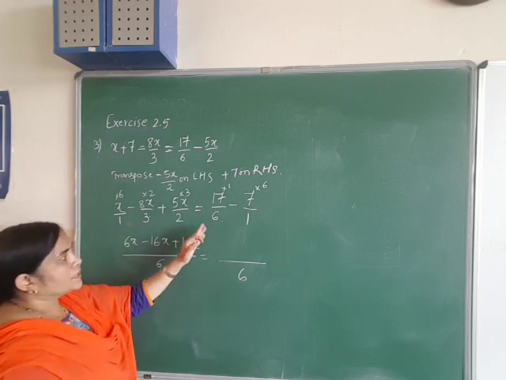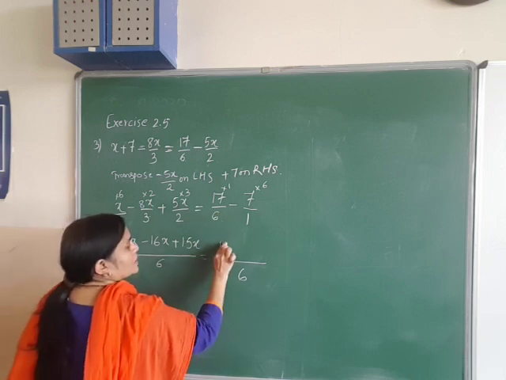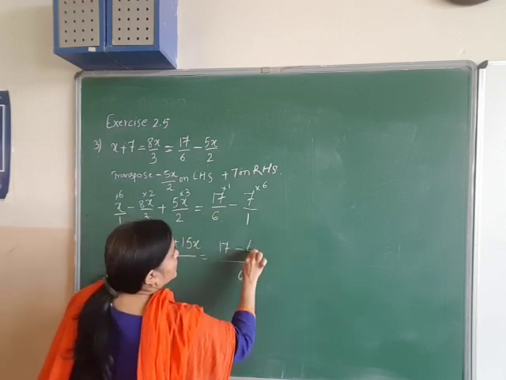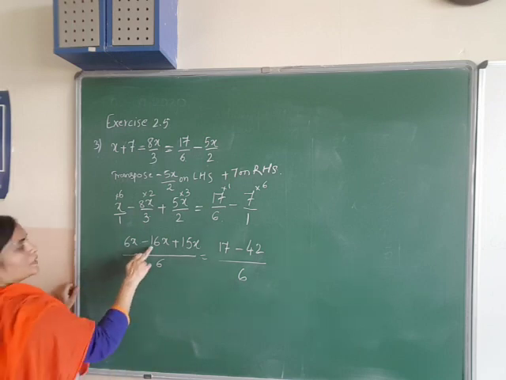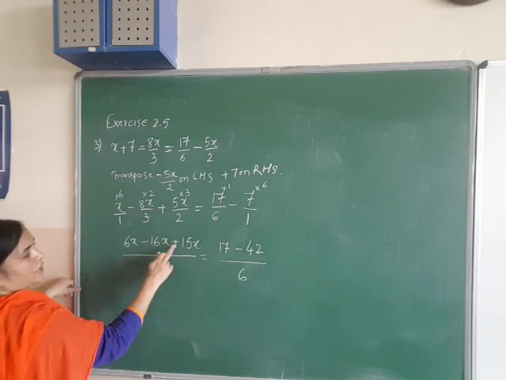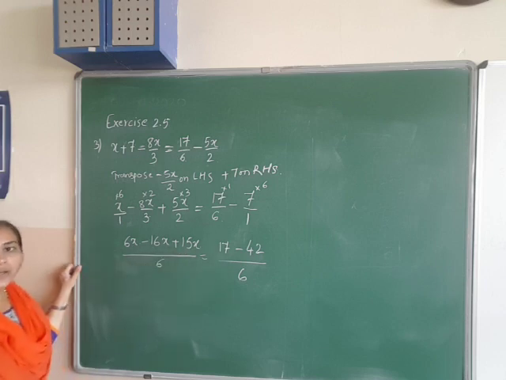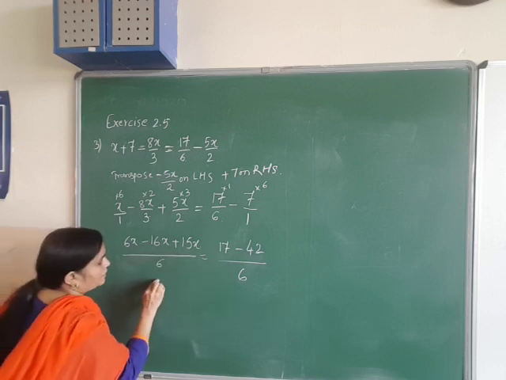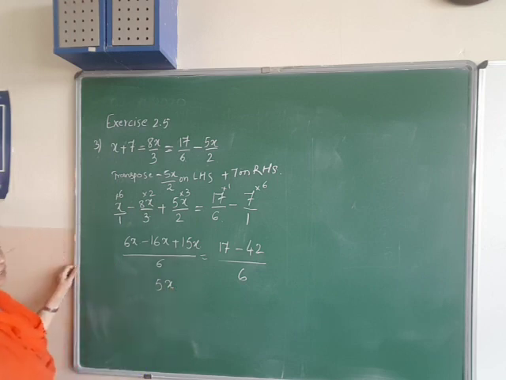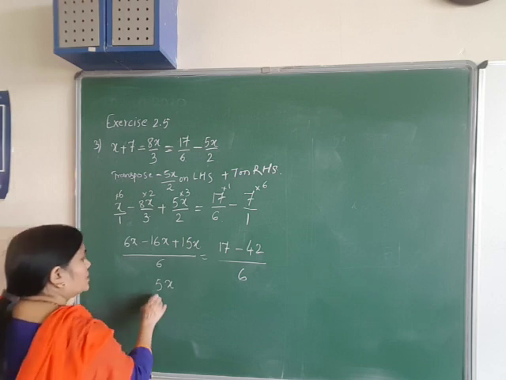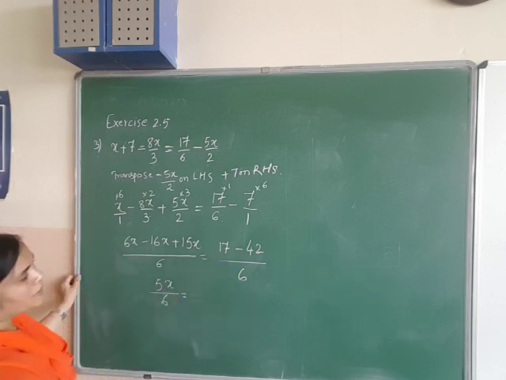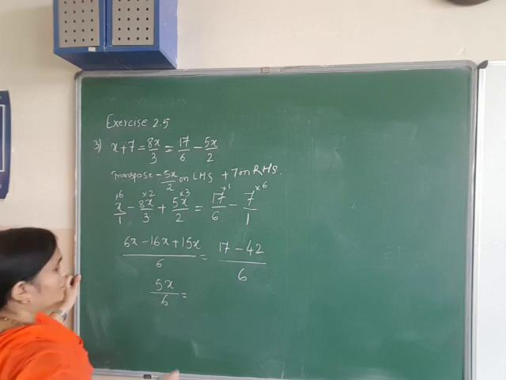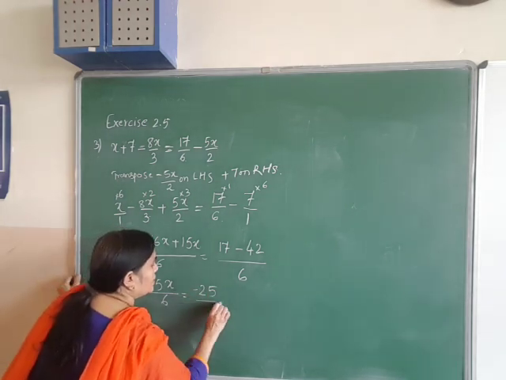on the right hand side, 17 minus 7 6s is 42. Now 6x minus 16x is minus 10x, plus 15x gives a plus 5x. So 5x divided by 6 is equal to 17 minus 42, which is minus 25 by 6.